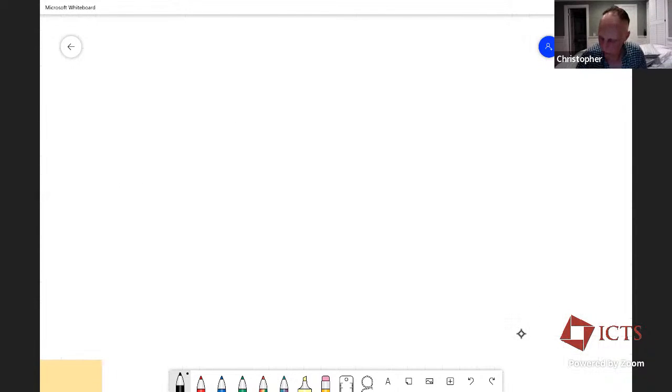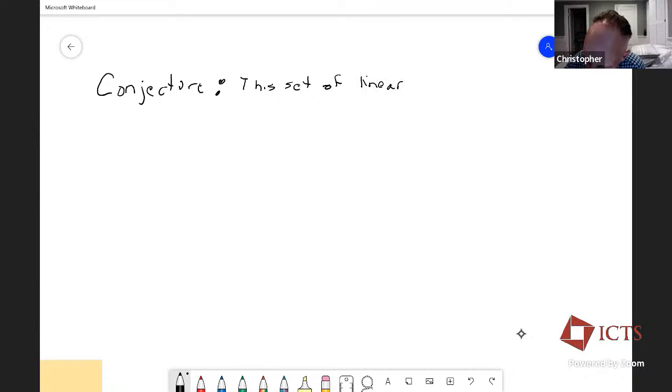But so my conjecture is that this set of linear functionals on the plane has one element.